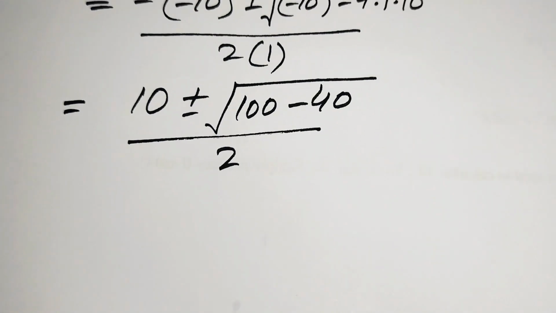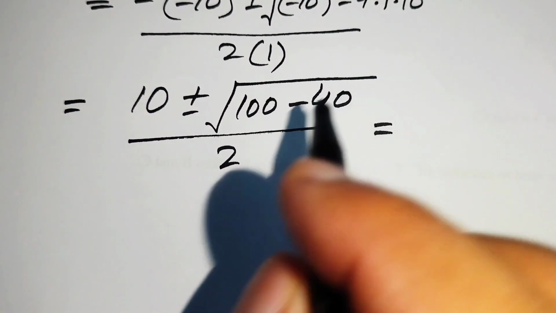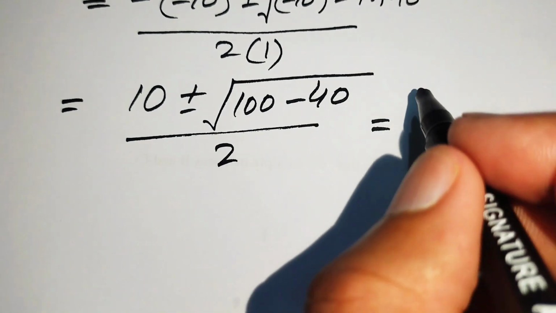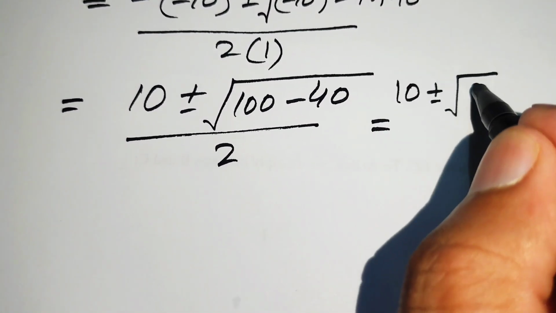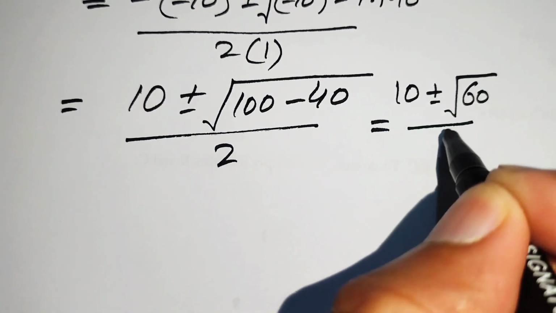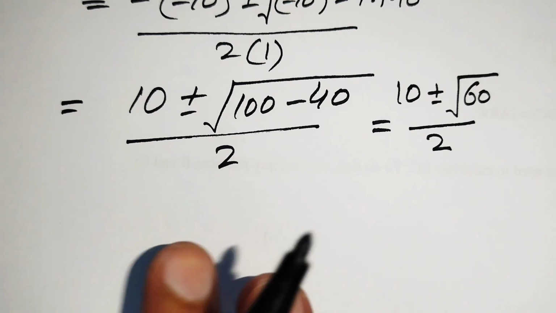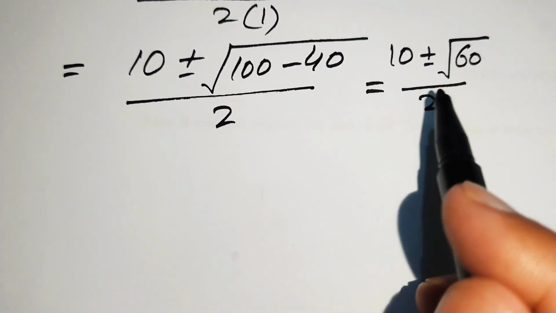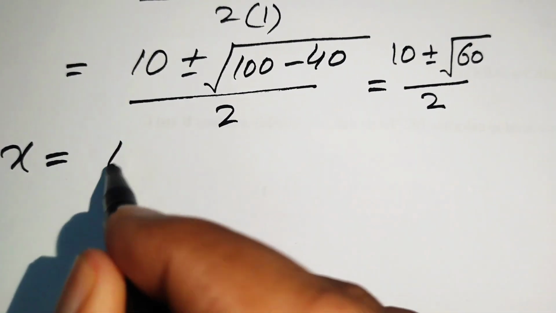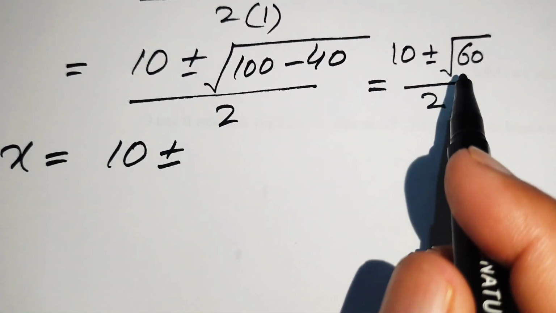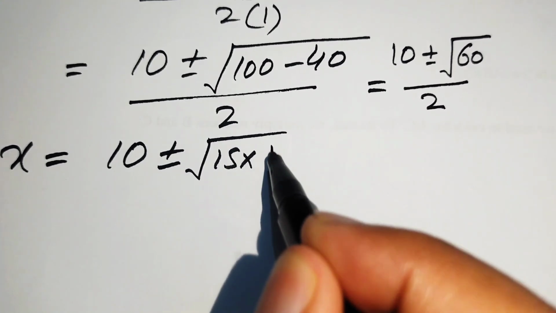Here you see that 100 minus 40 is equal to 60. So we rearrange this term as 10 plus minus square root of 60 divided by 2. Now we need to simplify this expression, and we have x equals 10 plus minus square root of 60, and we write 60 as 15 times 4.